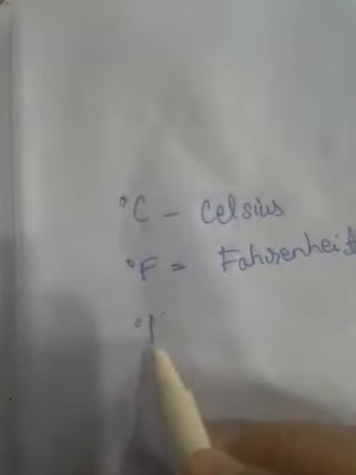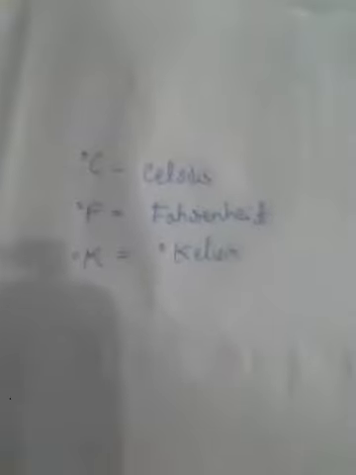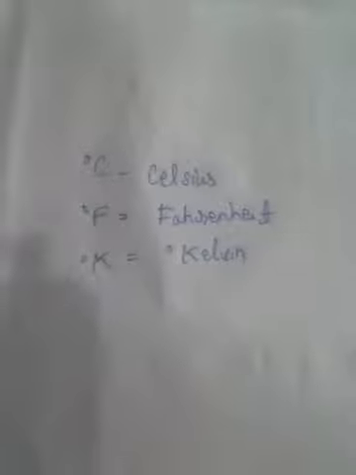Temperature scales are of 3 types: degree Celsius, then degree Fahrenheit, and degree Kelvin. So these are the 3 measurement units with the help of which you can calculate temperature.